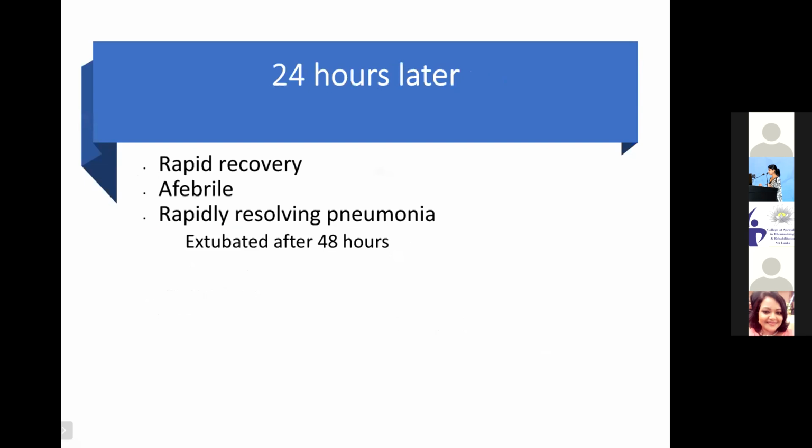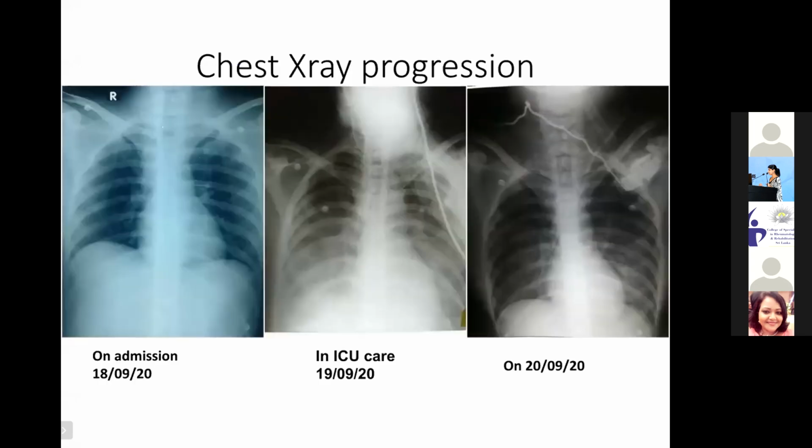24 hours later, our patient made a dramatic recovery with regard to her clinical and radiological profiles. There was evidence of rapidly resolving pneumonia within a period of 24 hours, and we were able to extubate her after 48 hours. So this is the chest X-ray progression of this patient.